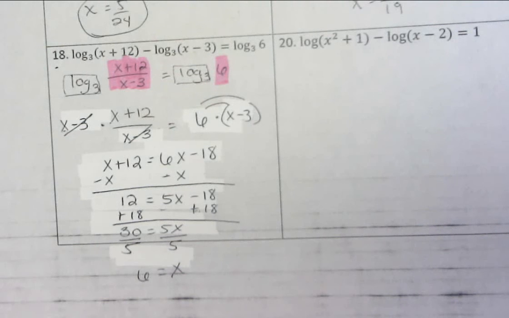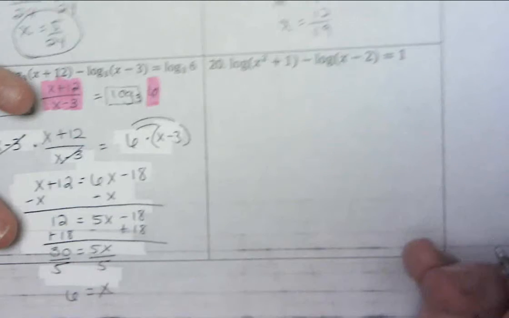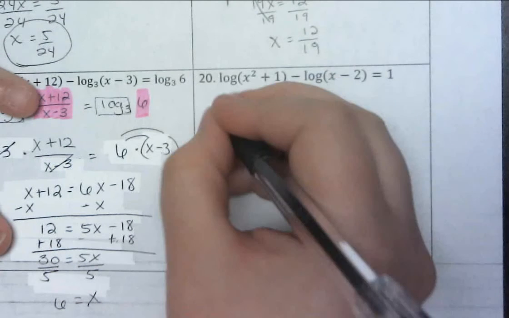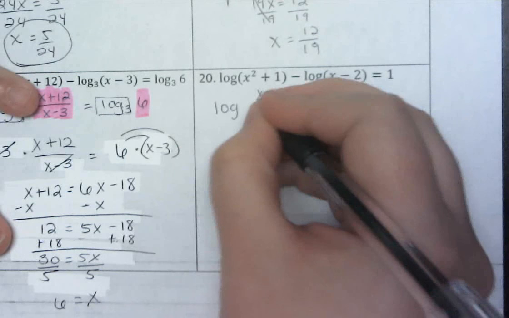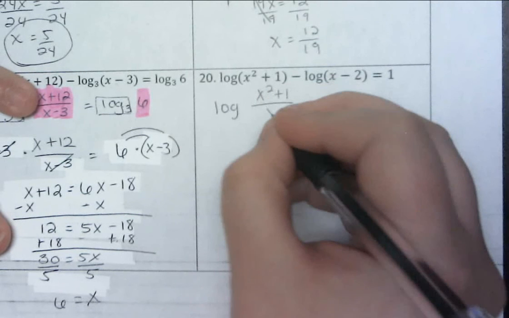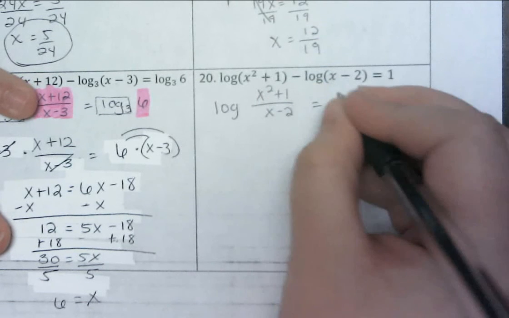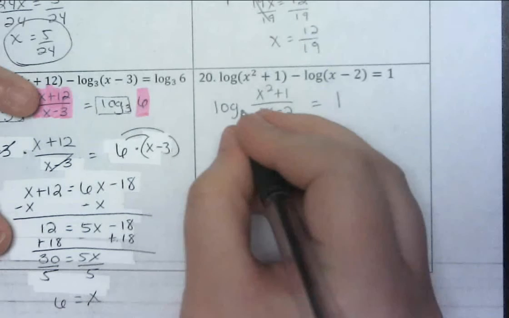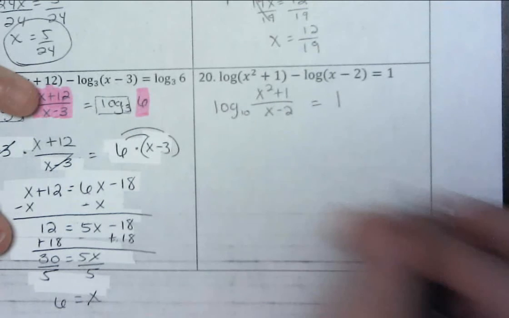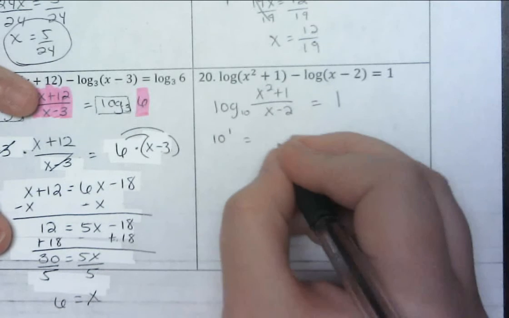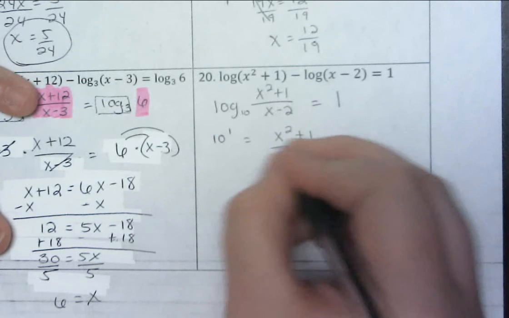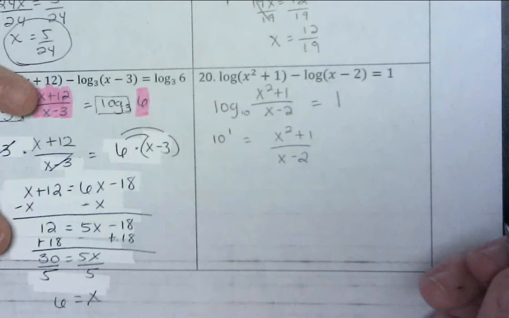And so now for the final problem, I have log of (x squared plus 1) over (x minus 2) equals 1. My base is an understood 10. So I have 10 to the first power equals (x squared plus 1) over (x minus 2).